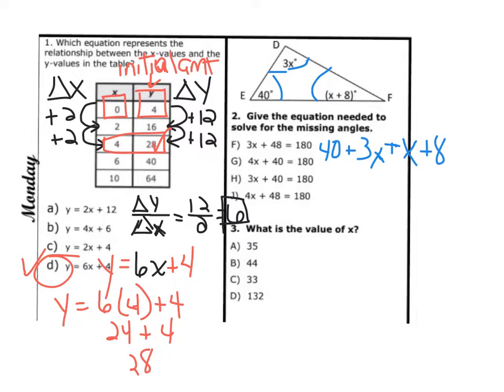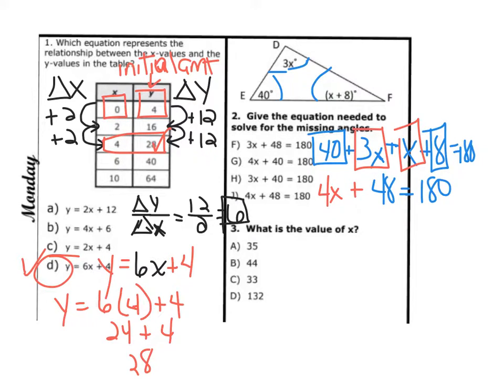And all of that should equal 180 degrees. So what we're going to do now is we're going to combine like terms. So 3x and x, so that's going to be 4x plus my other like terms is 40 and 8, so that's 48. And all of this should equal 180 degrees.